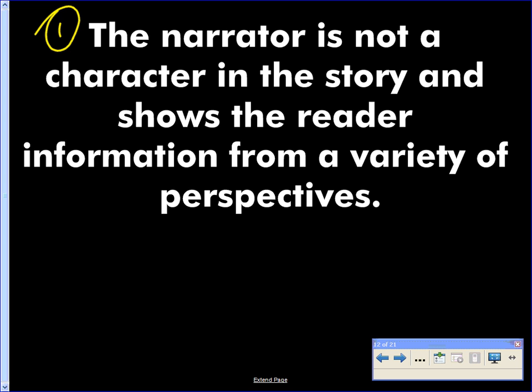First principle is that the narrator is not a character in the story, and of course that bears a lot in common with third limited. Second principle, and this is what's different and unique of all the perspectives, it shows the reader information from a variety of perspectives, from a variety of different characters and different experiences.